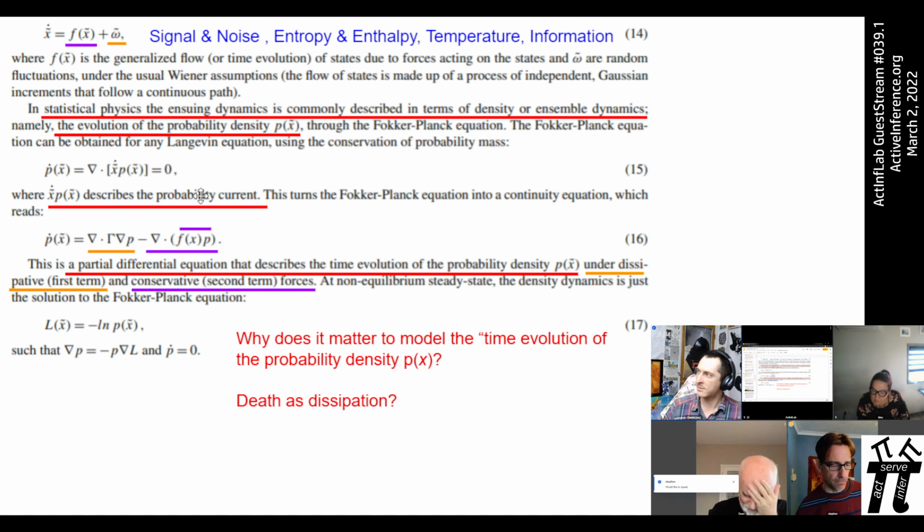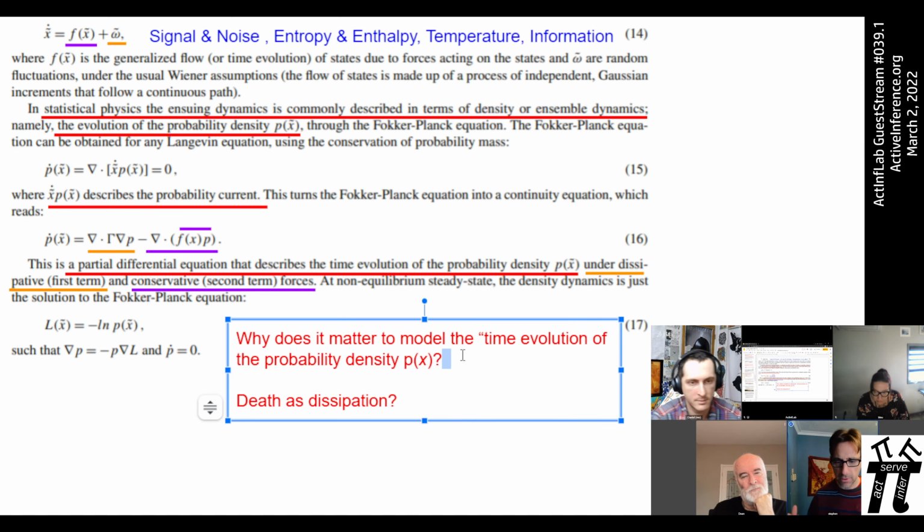Stephen? It appears as well that by breaking it into dissipative and conservative components, it's serving a similar role to separating into complexity and accuracy.